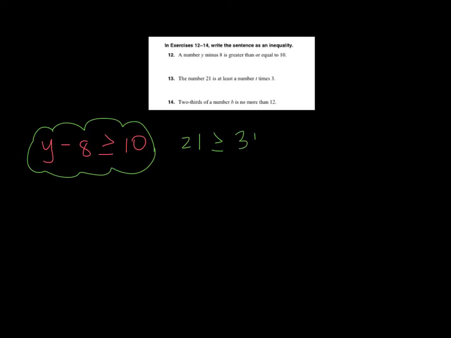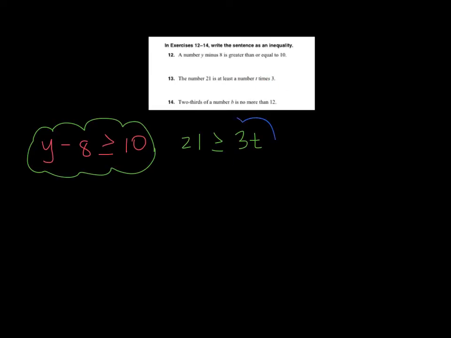So that would be written as 3t. Make sure whenever you do a number t times 3 that you do write it with 3 in front of t. The coefficient of t is 3 times t. Okay, so we have a number 21 is at least, so at least is greater than or equal to 3t.